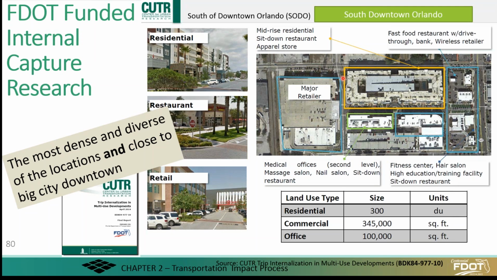Then they went to each individual site. Let's say they went to an office and started interviewing people going in and out. They asked them, where are you from, or where are you going to now? So those interviews were done as well, besides the cordon counts, counting the cars at the entrance and exit of this multi-use development.